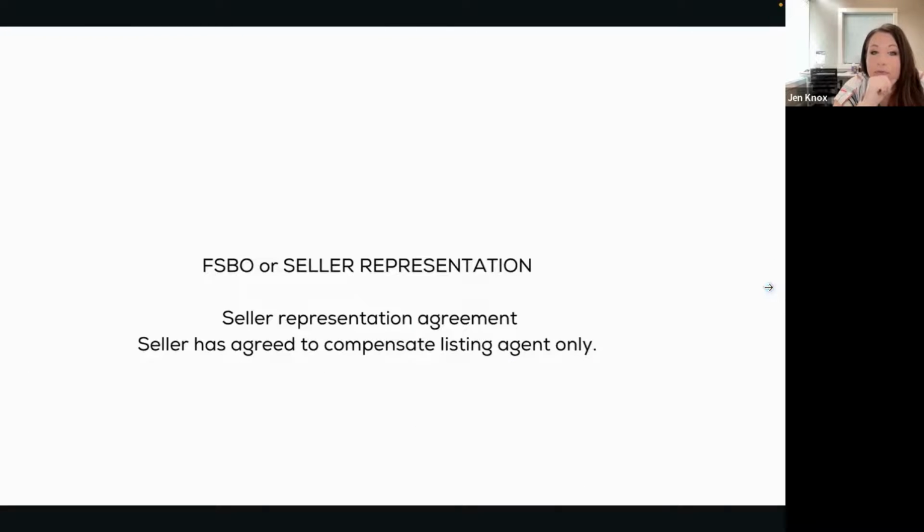For sale by owners with a seller representation, there would be a representation agreement on file, because remember, we can't be paid unless we represent that person, and we can't represent that person without a contract stating we do. So this would be a seller representation on file. Then the seller has agreed to pay the listing agent only.